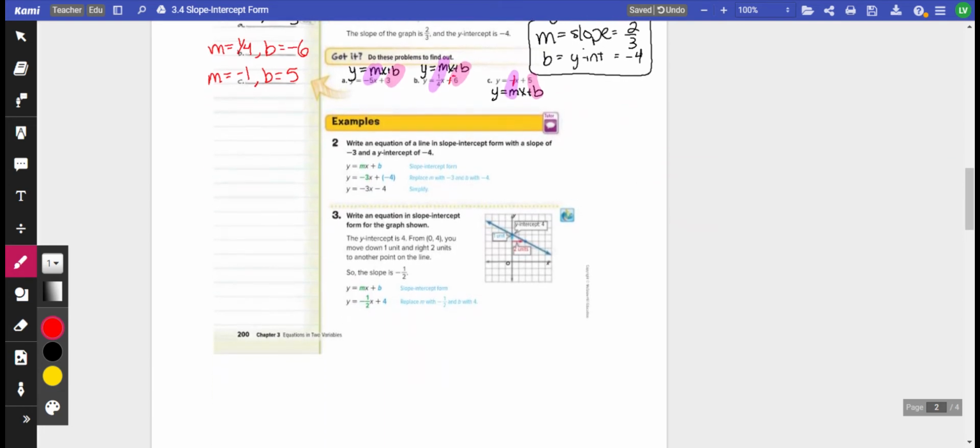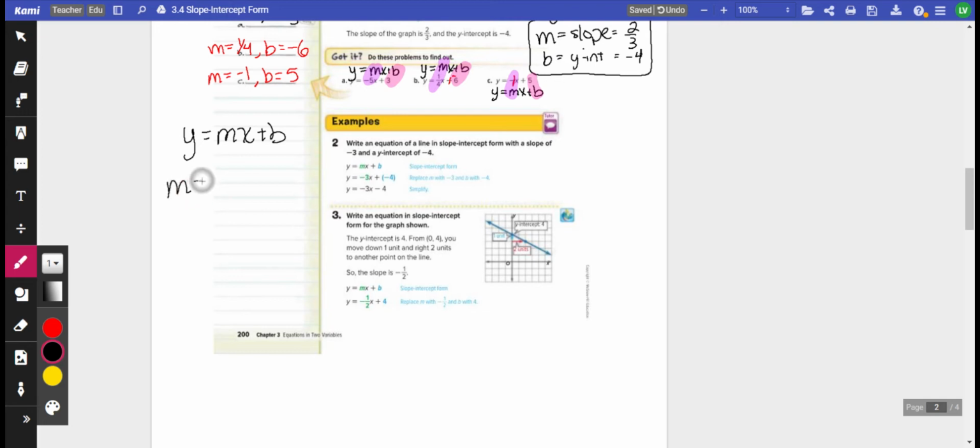Let's try example 2. Write an equation of a line in slope-intercept form with a slope of -3 and a y-intercept of -4. So off to the left, using my slope-intercept form, y equals mx plus b, I'm going to take the information over on the right where it says slope is -3.